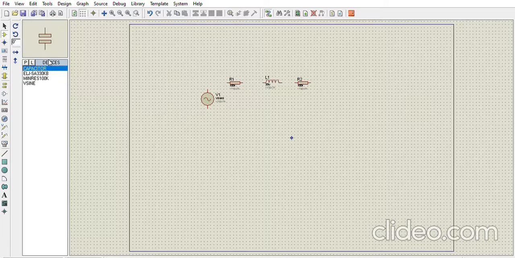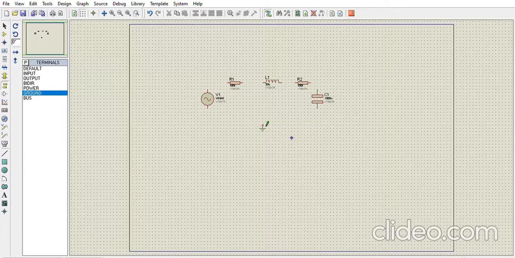Then this is the capacitor. Okay, don't forget to search for the ground. This one. Okay, so connect all of this. Alright, this one and this one, then this one.